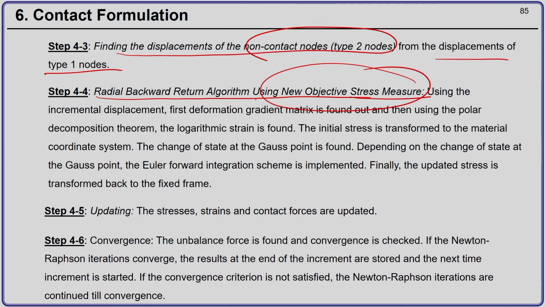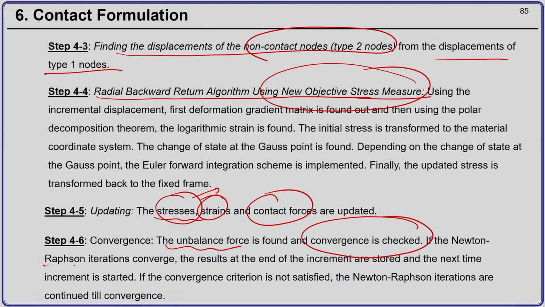We find out the stresses, and from these stresses we find out the internal forces. And then I can find the unbalance. So, I can do the first updation of stresses, strain and the contact forces. I can find out the internal forces corresponding to the stresses, and the unbalanced force vector, and I can check for the convergence.